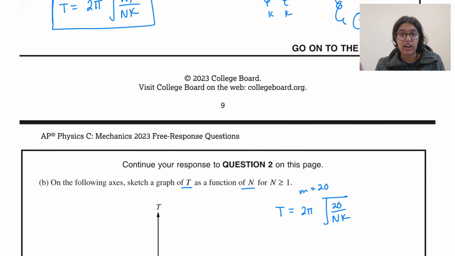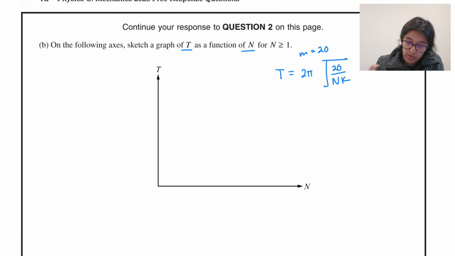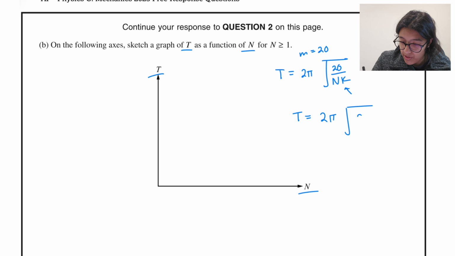Because I'm giving values for every variable that's not changing. Because I see that in this problem, we're just comparing T and n, so I can't replace values for those. I can replace values for everything else. So I can replace values for k as well. So T is equal to 2 pi square root 20 over, I don't know, 0.7 n. So here k was equal to 0.7, right?